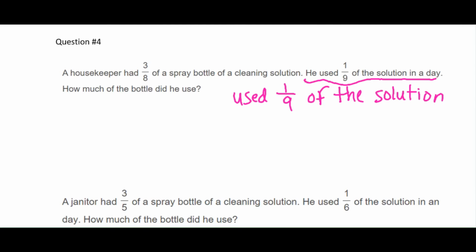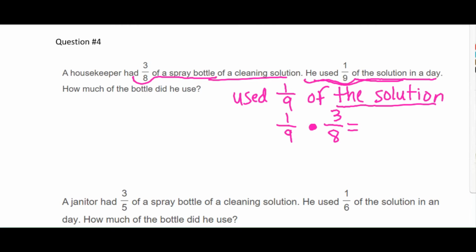So he used 1/9 of is to multiply the solution. So I need to replace this solution. The solution, what is the solution? This 3/8 of a spray bottle of cleaning solution that he had. So I'm going to replace that with the number 3/8 here. And then I'm going to multiply like normal.